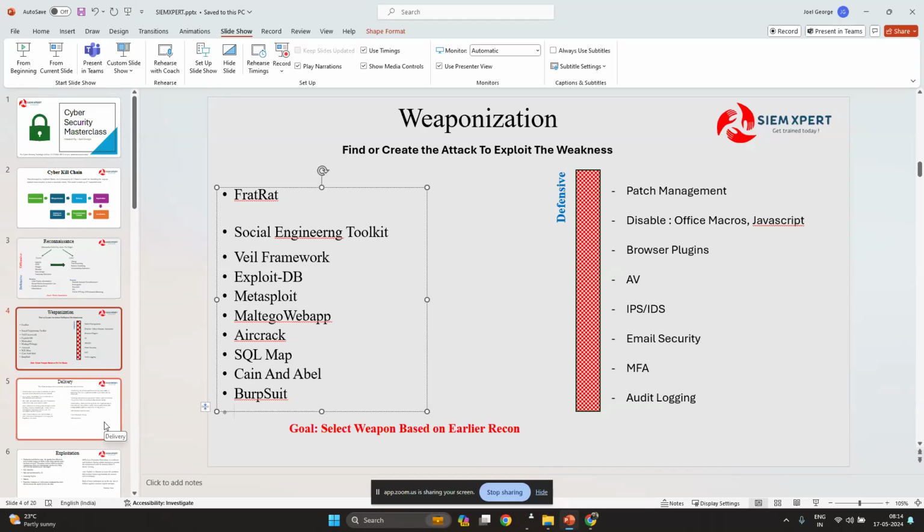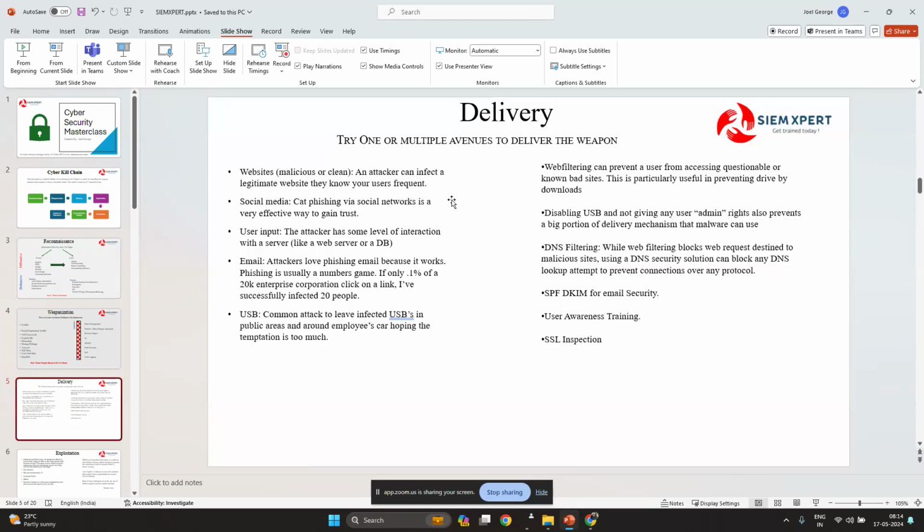Now, moving on to the next phase, which is the delivery phase, and this is where an attacker would try to find multiple avenues to deliver whatever weapon he created based on the previous two stages of analysis.